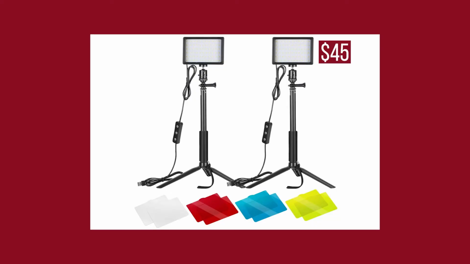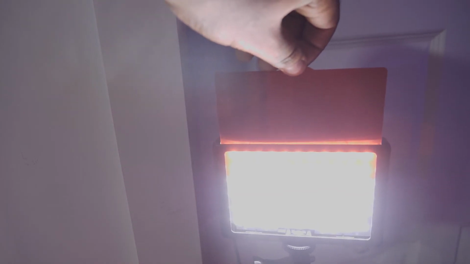These two lights cost under $50. They come with gels, and as you can see, I put the red gel on this one, which gives a nice effect to balance the lighting in the room. I got my key light as well with a white diffuser.